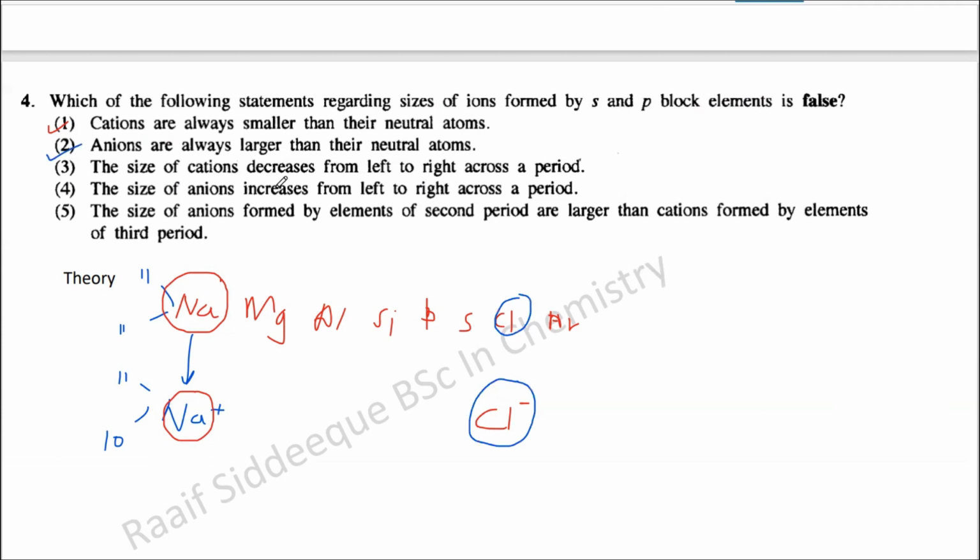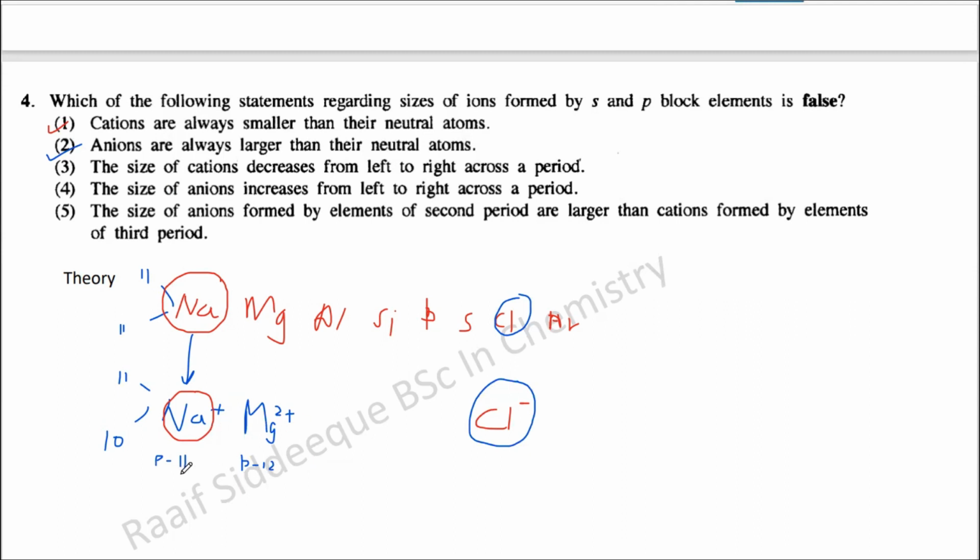The size of cations decreases from left to right across a period. Let's take two cations, sodium plus and magnesium 2 plus, which have the same number of electrons: here 10 electrons, here also 10 electrons. But when you compare the number of protons, here 11 protons, here 12 protons.